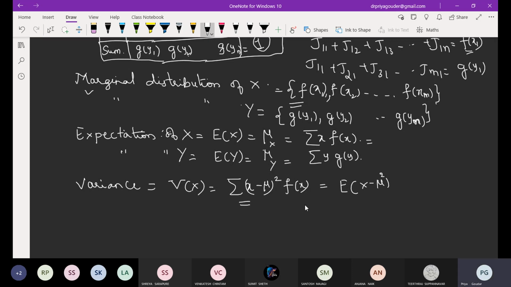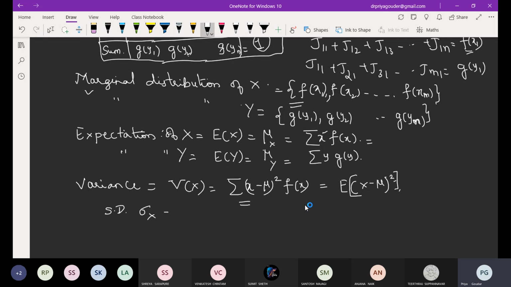Just check. In place of x, don't you have x minus mu the whole square? These two are one and the same. So even this can be written in terms of expectation as expectation of x minus mu the whole square. Again, can you tell me what the standard deviation is if variance is this?